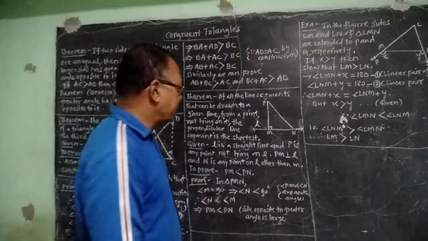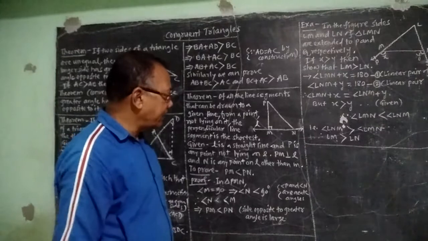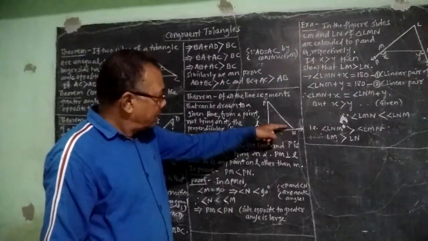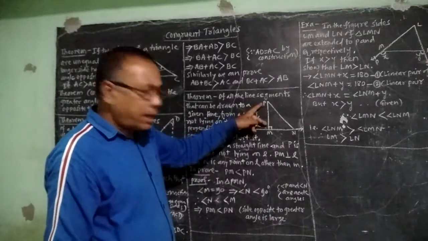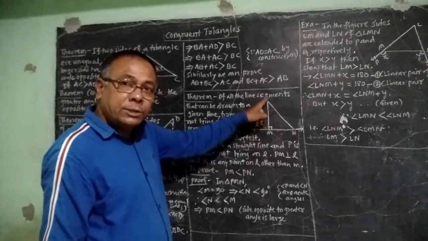Angle N is less than angle M, and therefore we can say that the side opposite to the smaller angle is smaller and the side opposite to the greater angle is longer.